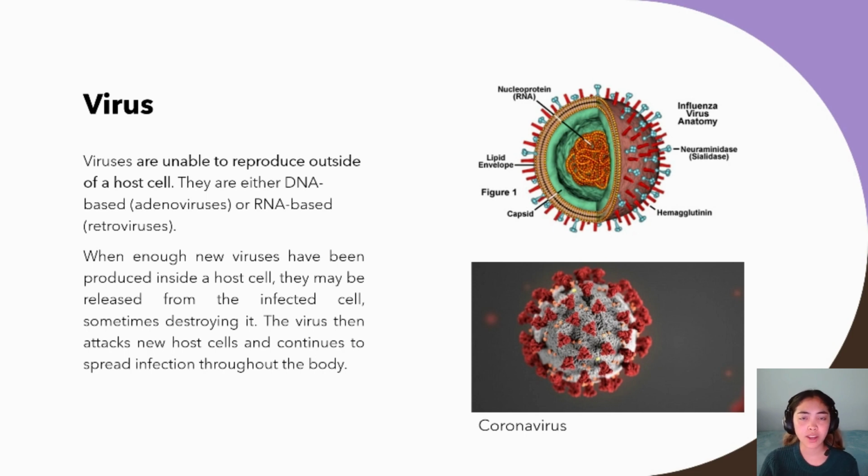So think about it jumping between many, many people in a very short amount of time, that is a lot of chances for it to change its genetic coding. And that's why we have all the different coronavirus variants, like Delta and Gamma, that we have seen pop up all over the world.